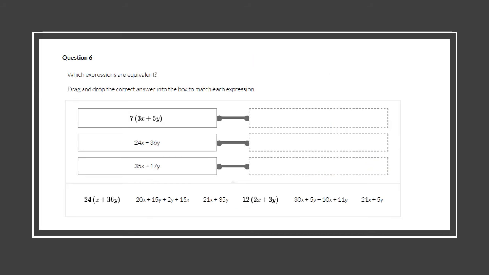Okay, what about this one? Drag and drop the correct answer into the box. So we want to know equivalent expressions. So we've got 7 times 3x plus 5y. So they want to know what's equivalent. So we can spread that 7 out.